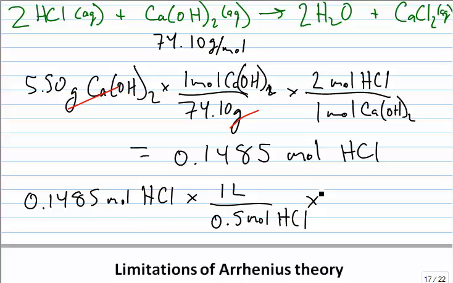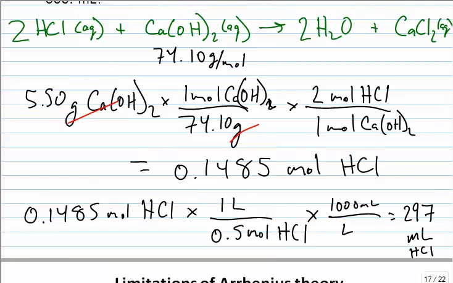I want it in milliliters. I know the problem didn't ask for that, but we know that there are 1,000 milliliters per liter. So when we divide our number of moles by 0.5 and we multiply by 1,000, we get 296.9. I think I will call that 297 milliliters of my hydrochloric acid solution.